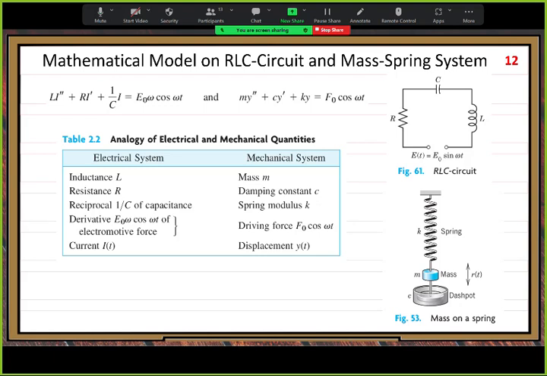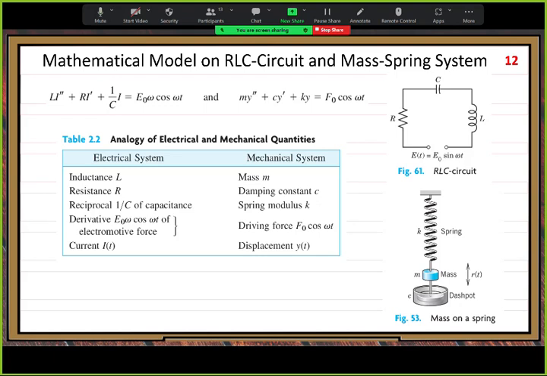You cannot explain why, but here just from the form, we do the one-to-one correspondence mapping. Resistance R corresponds to the damping constant C.